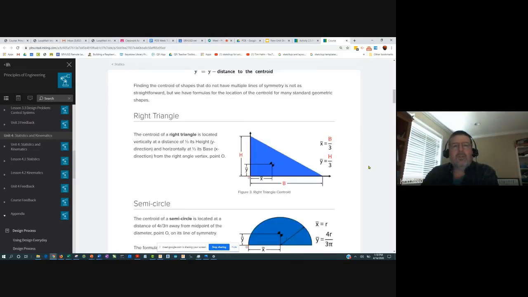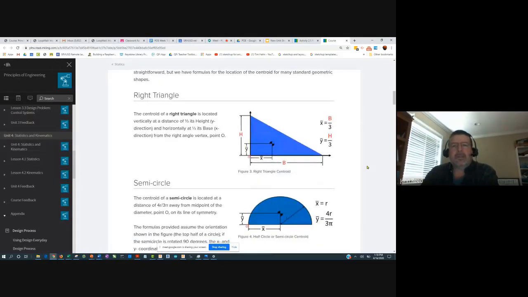As we move on to things that are not so symmetric, we have to use a different method. If you were taking this class as an undergraduate at the university, you would derive this equation here. It uses some high school level calculus, and I'd encourage you to check it out if you're taking calculus.